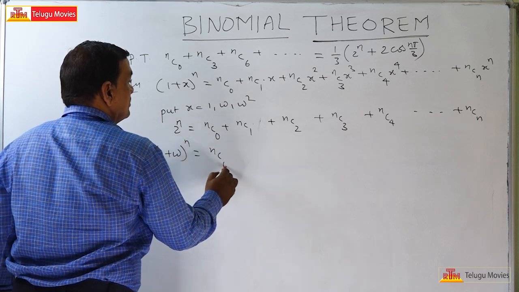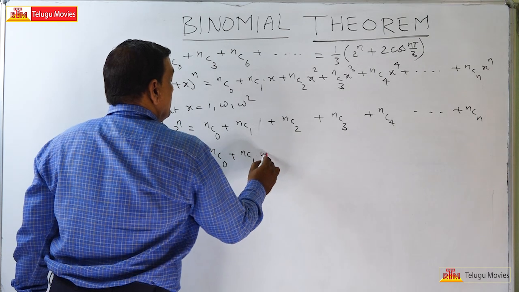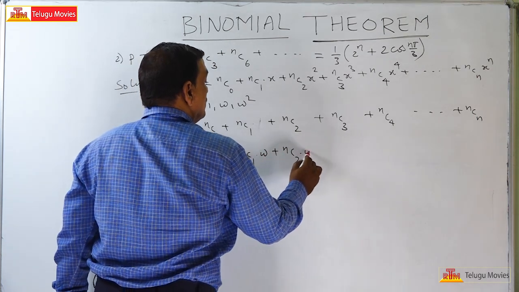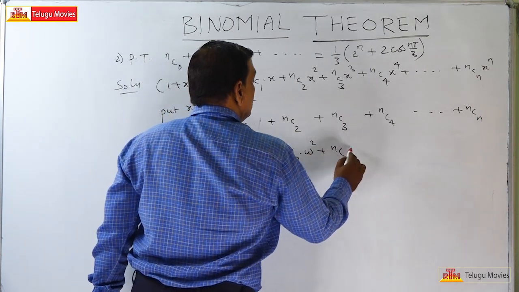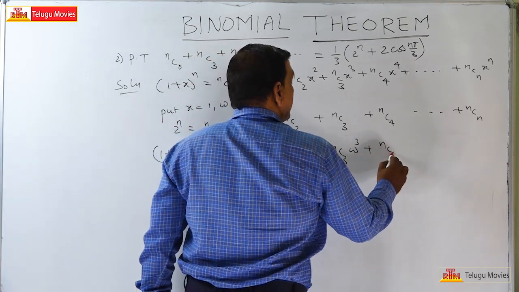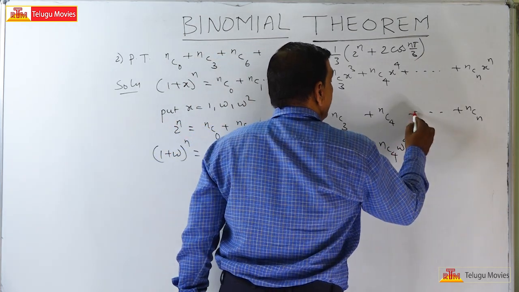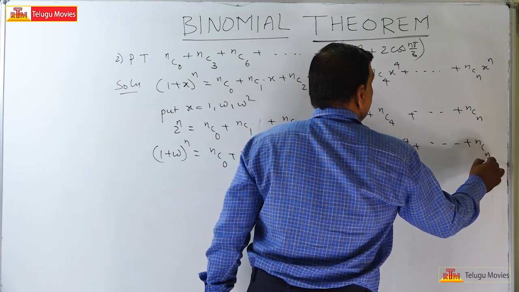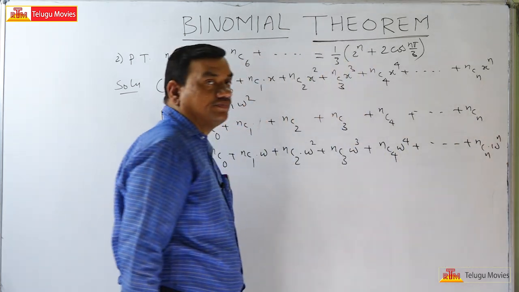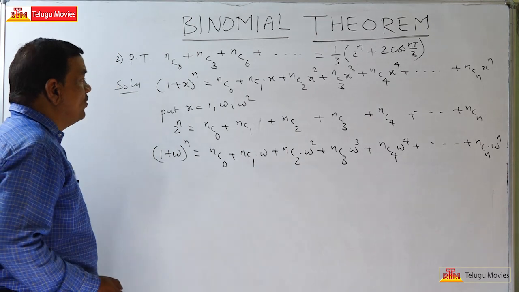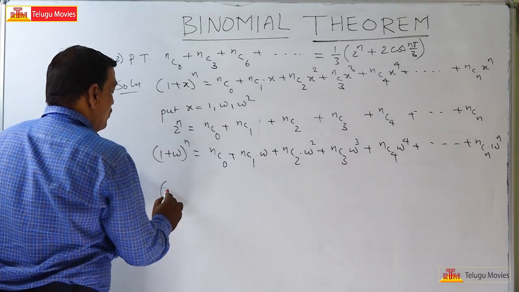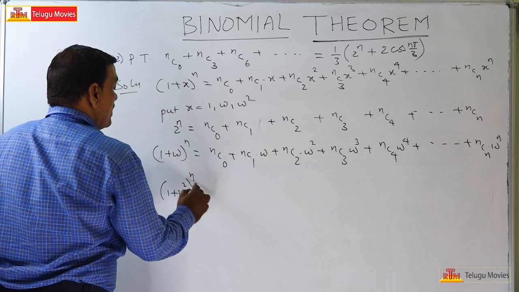Next, write down omega, that is (1 plus omega) whole to the power of n, equal to nC0, nC1 into omega, nC2 into omega square, nC3 into omega cube, nC4 into omega power 4, and so on, nCn into omega power n. Next, write down omega square: wherever x is there, (1 plus omega square) whole power n.